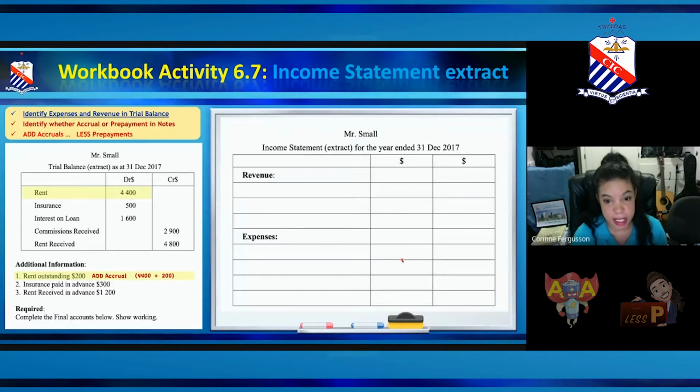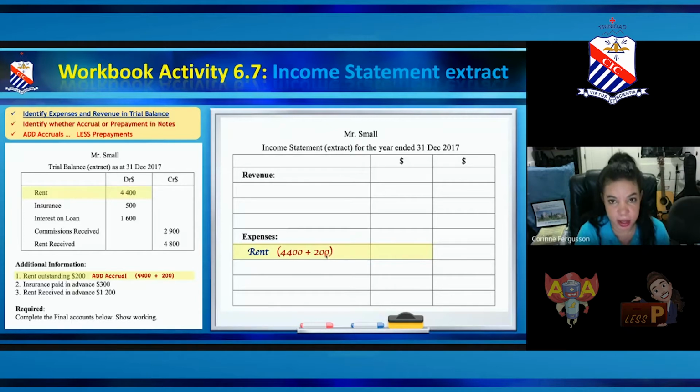Rent is what? It's an expense. So you will go under expense, you put rent, and then since you have an adjustment, you are going to show your working for the adjustment. And your working would be the amount paid, which you find in your trial balance, which is 4,400, add the accrual, which is 200.